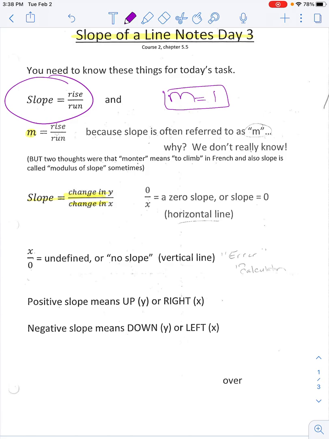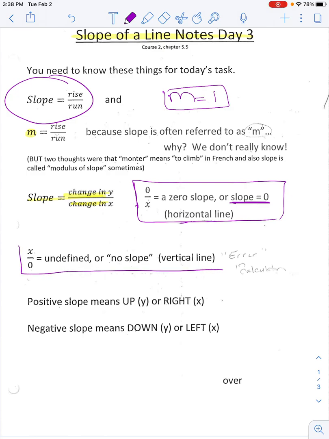Here's a few other things that we need to talk about. A zero slope, or slope of 0: remember, it's a straight horizontal line, meaning no steepness. If you have 0 over x, that's going to be a slope of 0, or m equals 0. If that is reversed and you have x over 0, if you put any number divided by 0 into your calculator, it's going to say error.